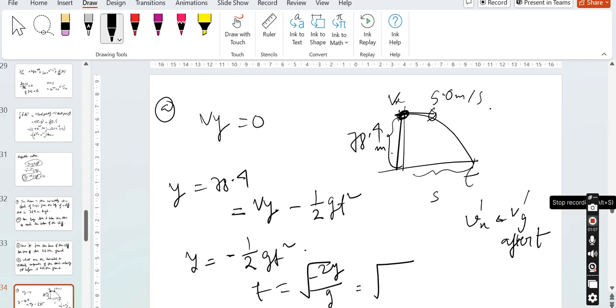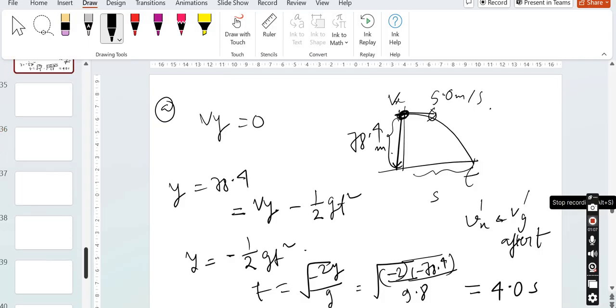So the time will be the square root of minus 2 times minus 78.4 divided by 9.8 meter per second square. That will give us 4 seconds.